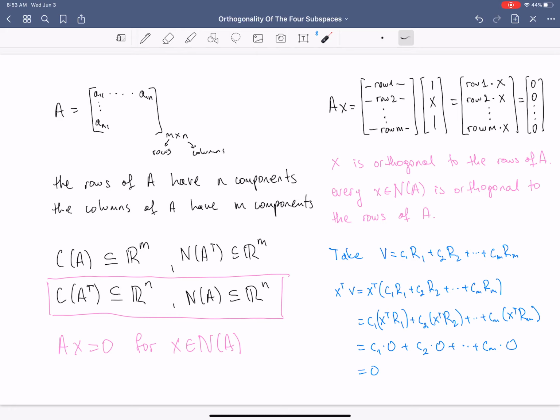And it's very convenient here because I can say that the column space of A is the row space of A transpose. So you see this statement, the fact that these two subspaces are orthogonal to each other, follows from the statement that these two subspaces are orthogonal to each other.